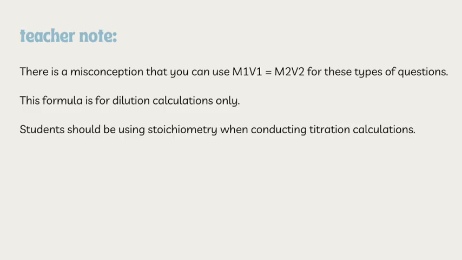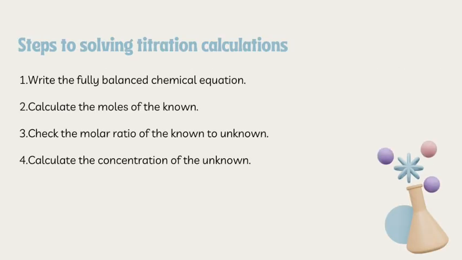Yes, if there's a 1-to-1 ratio, often we end up with the same answer. However, it's not the correct practice to use, and it also doesn't get students into the habit of looking out for things like molar ratio. So I'm going to show you how to complete these titration questions stoichiometrically, and this is the way that I would suggest you teach your students as well.